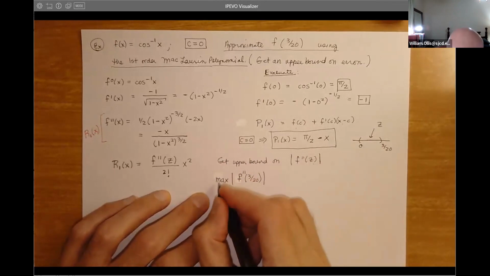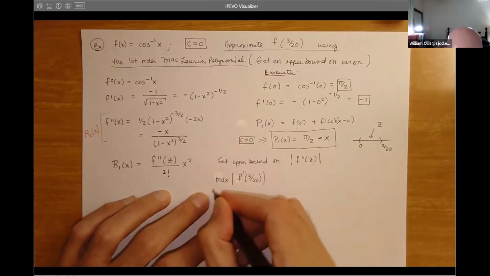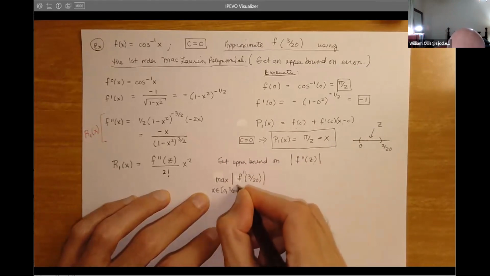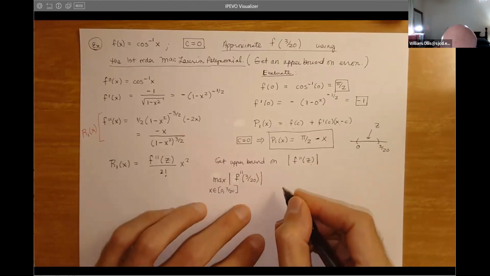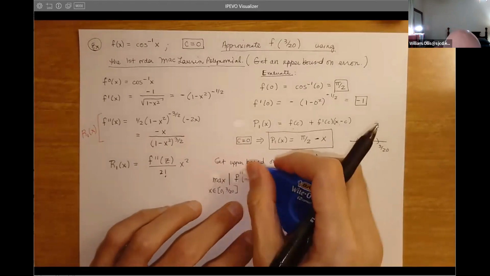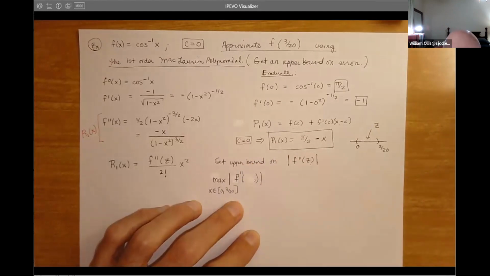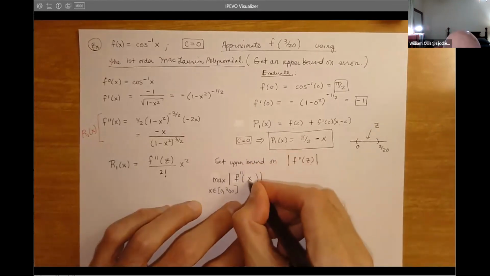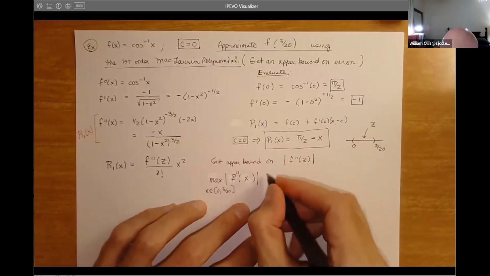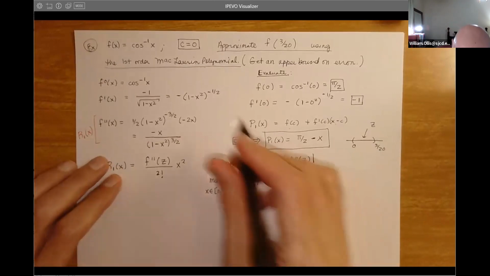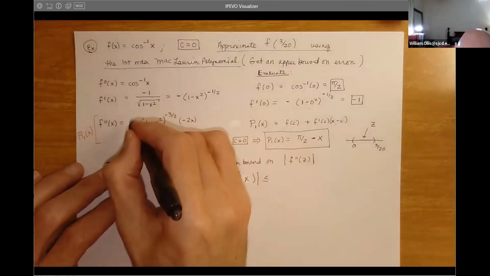And so in this case, we have X between, or we'll just say, 0 to 3/20. Let's go ahead and put the X here for now. So we'll say, okay, well, this upper bound, let's just see, what does this look like? So it's right here.